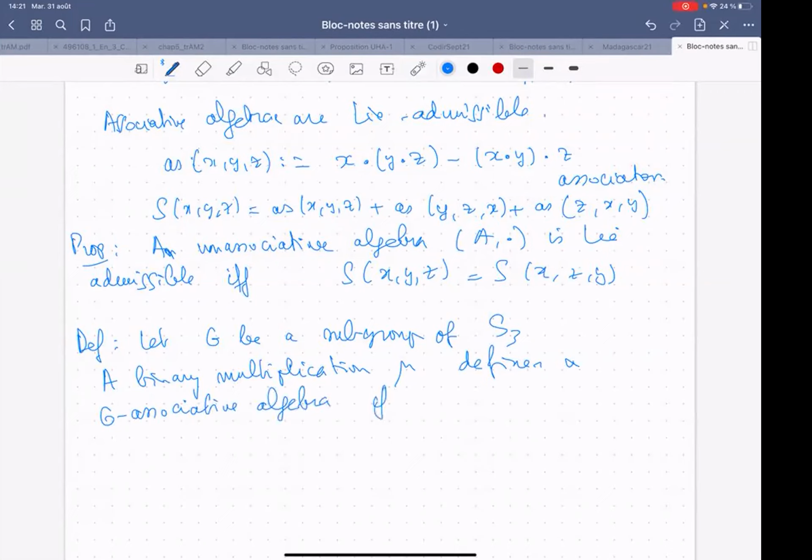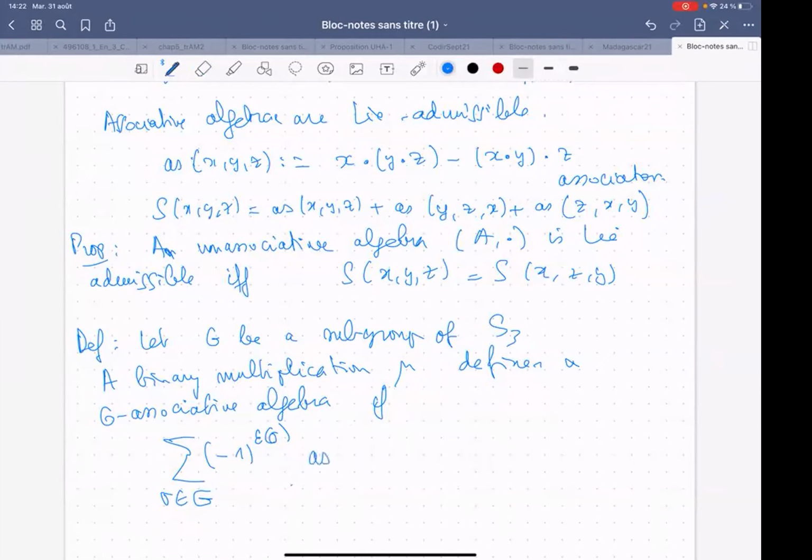we have the following condition: the sum over all the permutations sigma in G of (-1) to the power epsilon, the signature of sigma, times mu of mu... I mean, I can write it using the associator now, why not?